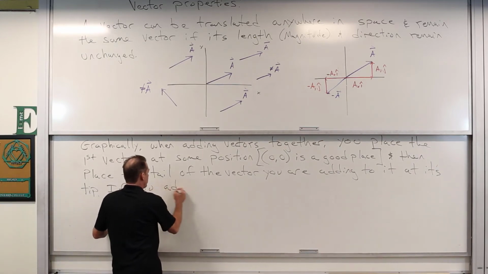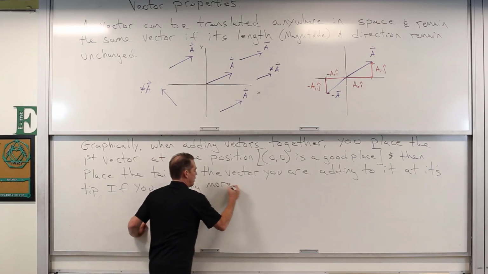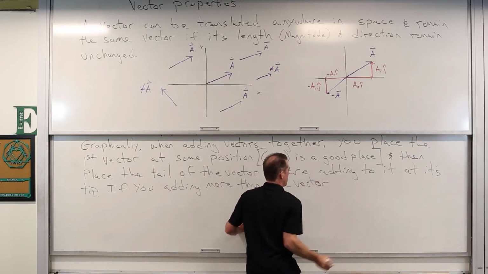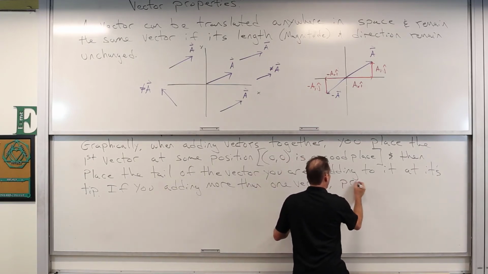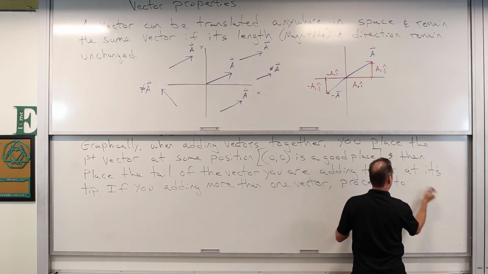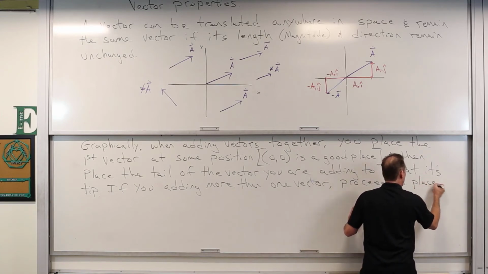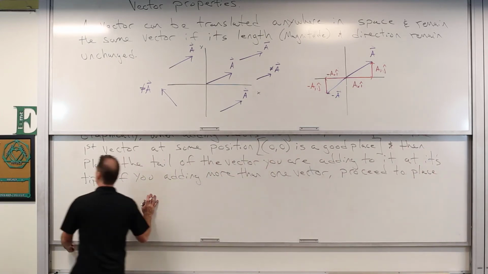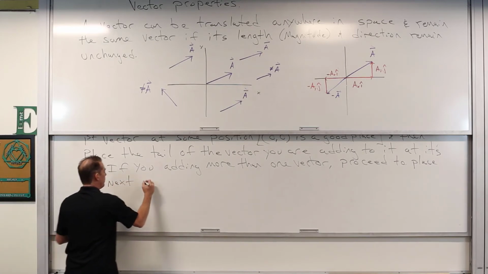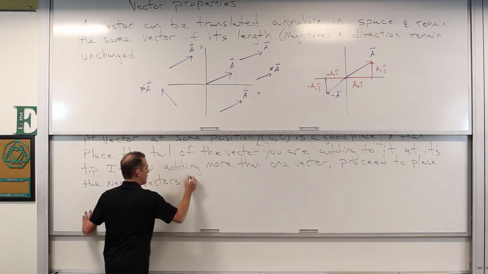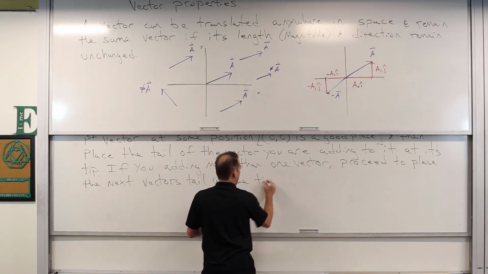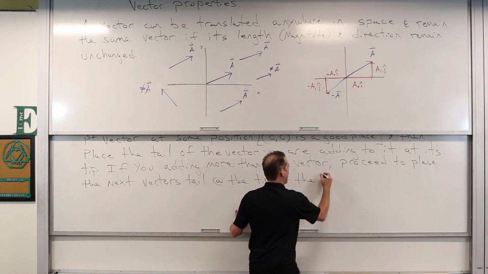If you are adding more than one vector, proceed to place the next vector's tail at the tip of the last vector.